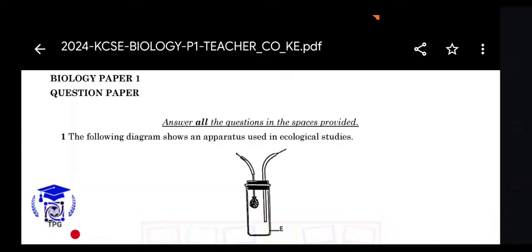Sasa tuko live. Just kidogo shida ni kitu kidogo. Sasa wewe ndio nitaenda.